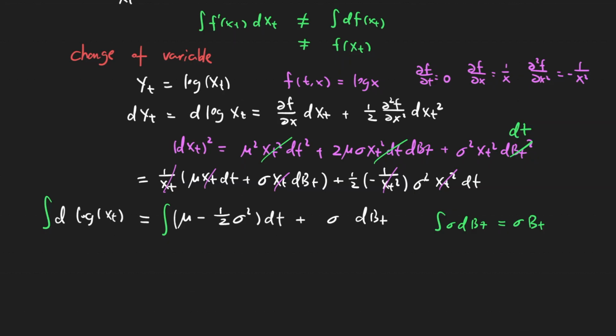That is okay as long as sigma is not a stochastic process and does not depend on the Brownian motion. You just have a constant sigma. Let's set the bounds of this integral from 0 to capital T. It's just going to give us the log of xt minus log of x0 equals mu minus a half sigma squared times t plus sigma times the Brownian motion.